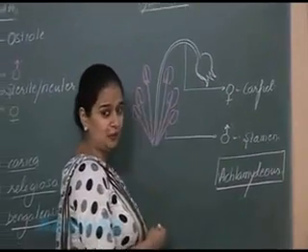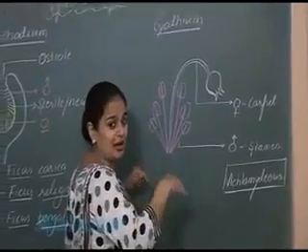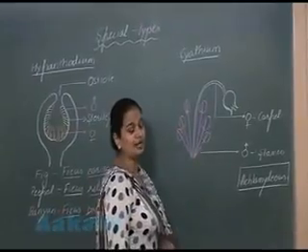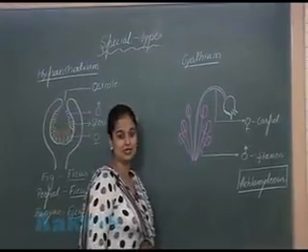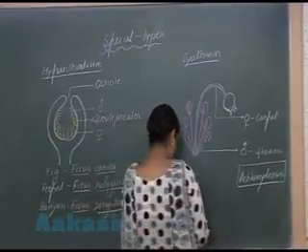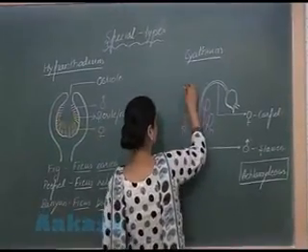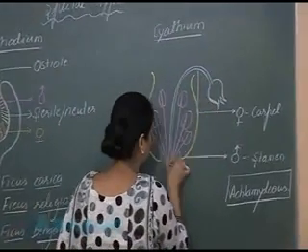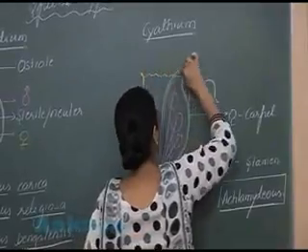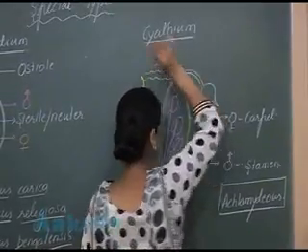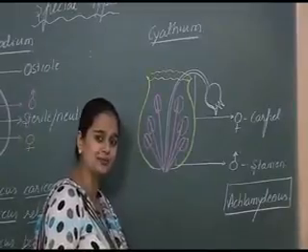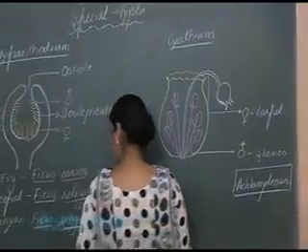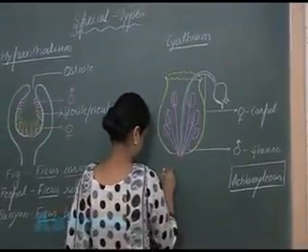Now outside this whole inflorescence there is a whorl of bracts, that is the involucre, and in this case the involucre is cup shaped. So around the inflorescence there is a whorl of bracts forming a cup-like structure. For the Cyathium, the example is Euphorbia.